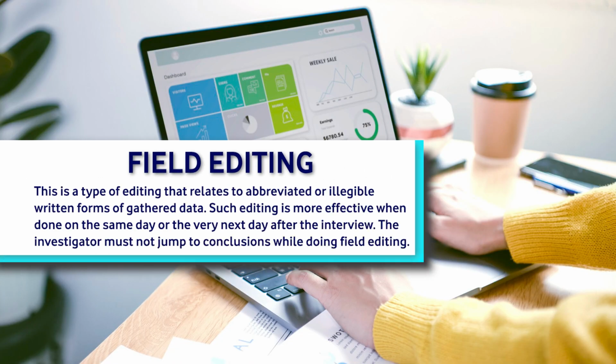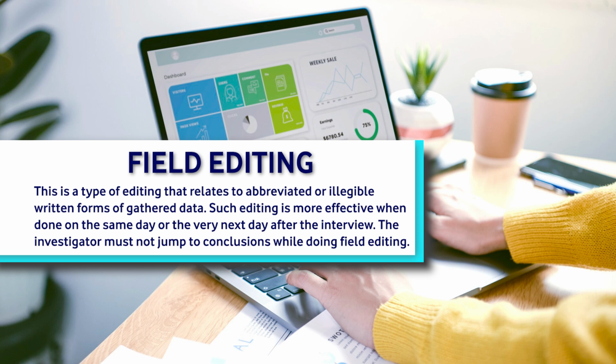Field editing is a type of editing which relates to abbreviated or illegible written forms of gathered data. This field editing is always concerned about the illegible written forms of gathered data, because sometimes the researcher must have written not in a uniform way, so that it won't yield any meaningful statement, right?